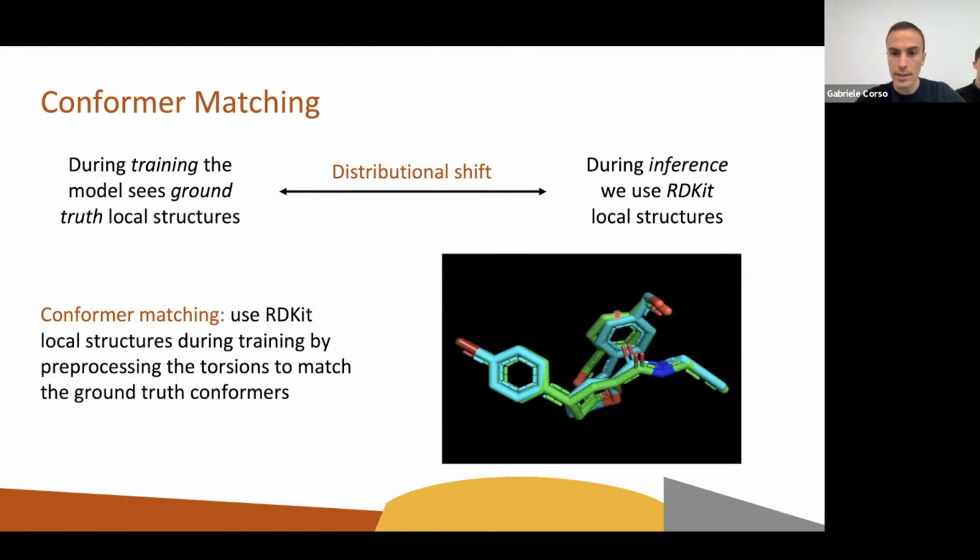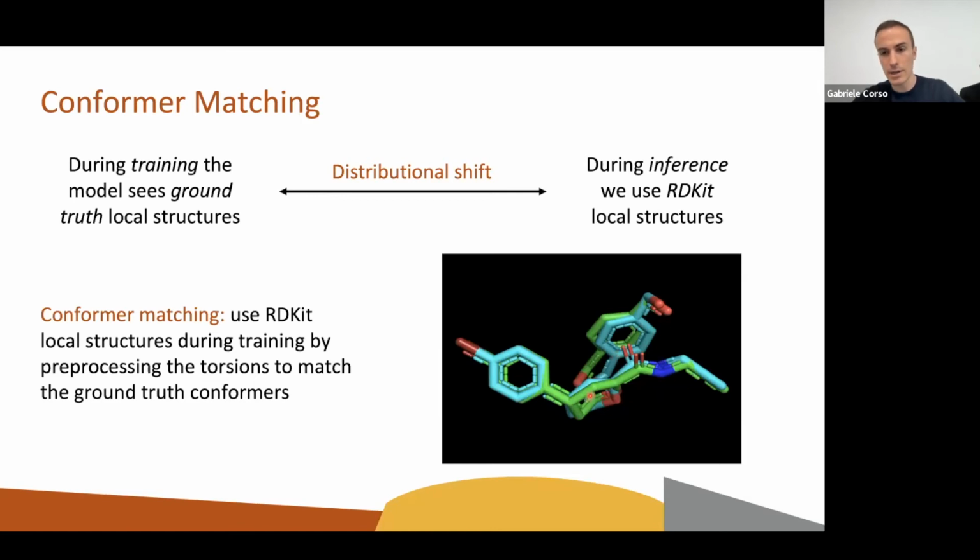So here, in green is a ground truth conformer, and in light blue there is an RDKit conformer that has been evolved, optimized using this differential evolution procedure, to be as close as possible in 3D space to the ground truth conformer.